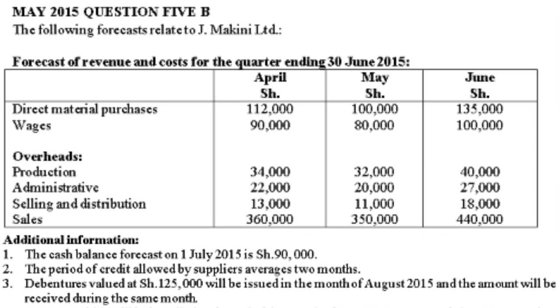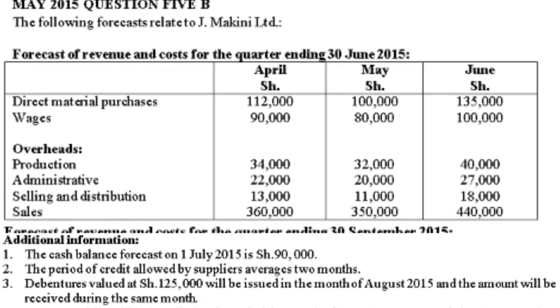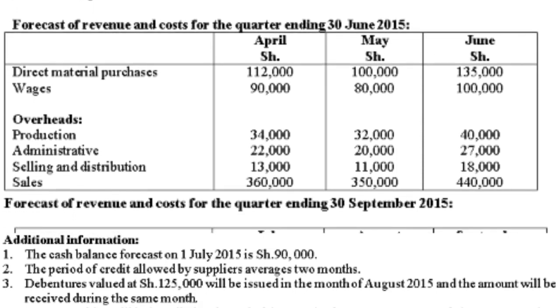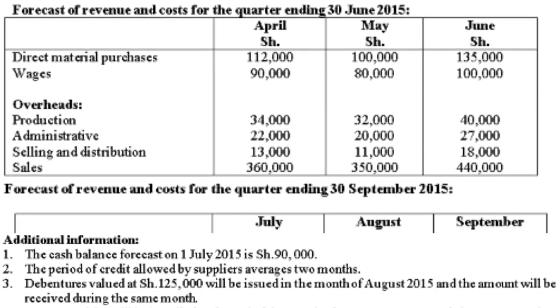Wages, 90,000, 80,000, and 100,000 respectively. Overheads, production, 34,000, 32,000, 40,000. Administrative, 22,000, 20,000, and 27,000. Selling and distribution, 13,000, 11,000, 18,000 respectively.